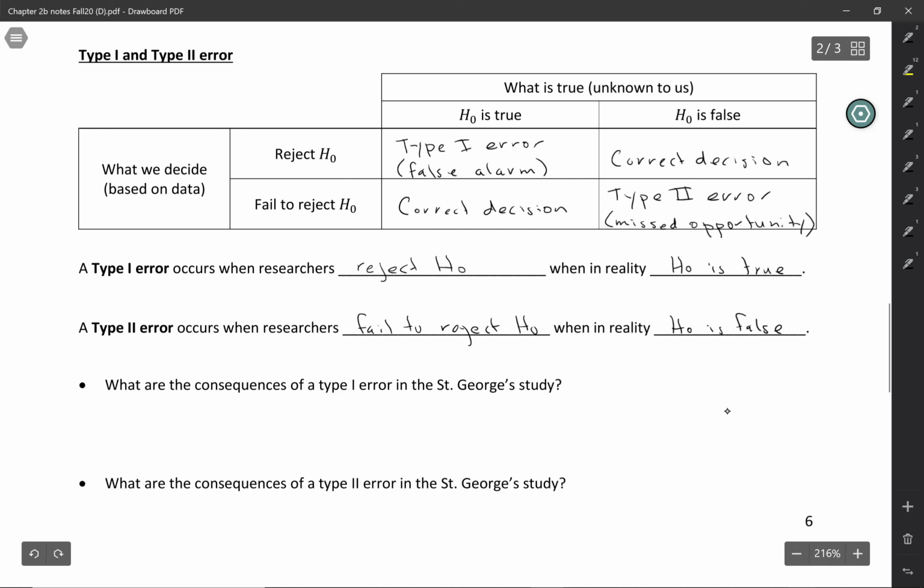So in that case, the alternative is actually true. So some people like to remember that the errors are named after the hypothesis that's actually true. So if the first hypothesis you write down, the null, is actually true, then that can be a type 1 error. Whereas if the alternative is actually true, the second one that you write down, that's a type 2 error.